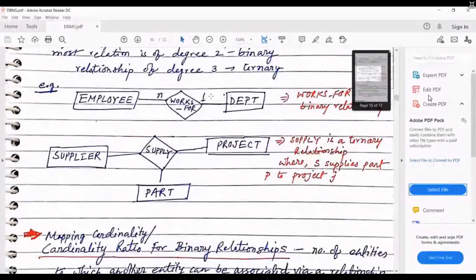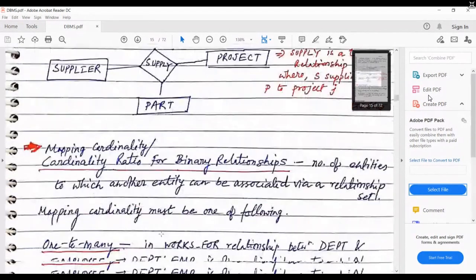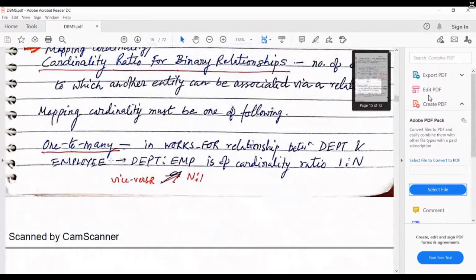Department is to employee is the ratio 1 is to n. One department has n number of employees. The n is the generalized form. It may be 5, it may be 10, it may be 100. So that is one to many.